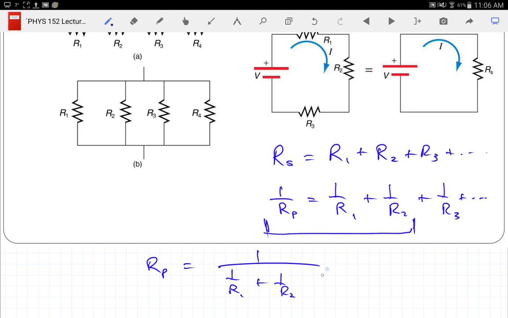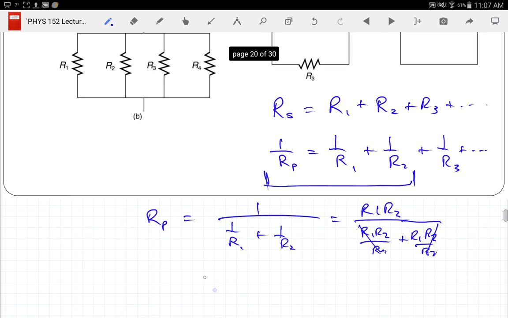Now if I multiply everything on the right side by R1, R2, I get that, and we see, hey, my R1s cancel here, my R2s cancel there, and the parallel resistance is R1, R2, the product, divided by R1 plus R2, the sum.